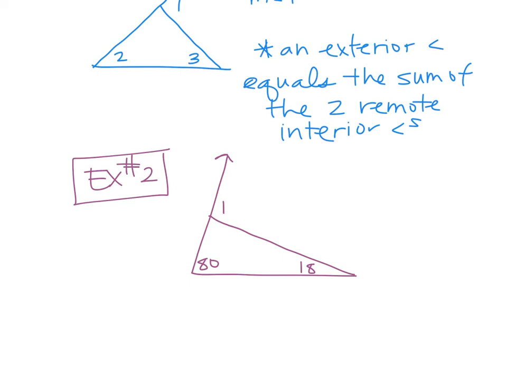If you use the triangle exterior angle theorem, what do you have to do? Right, so the exterior angle, the measure of angle 1, will equal the sum of the two remote interiors, right? So that means the measure of angle 1 is 98 degrees.